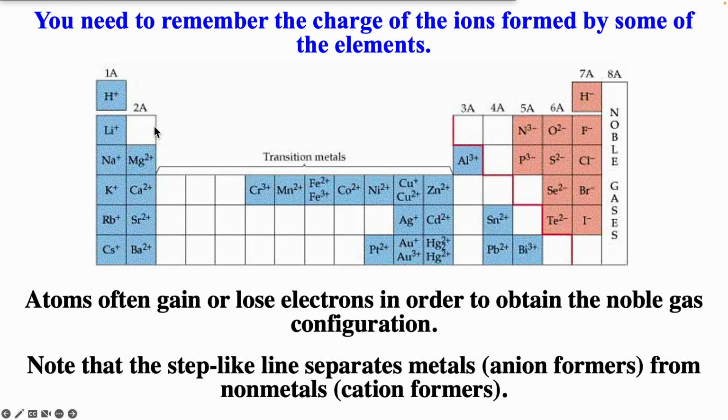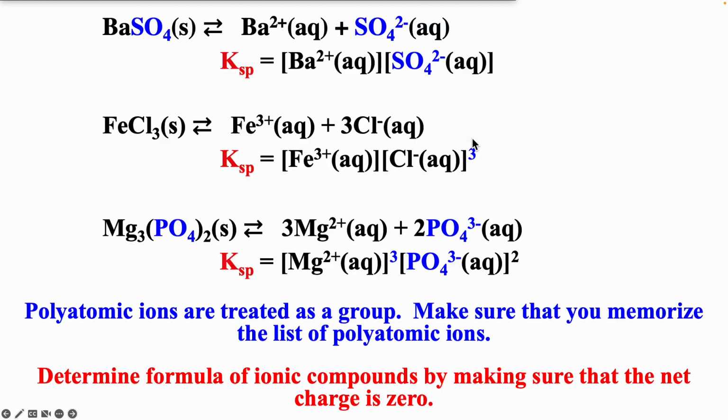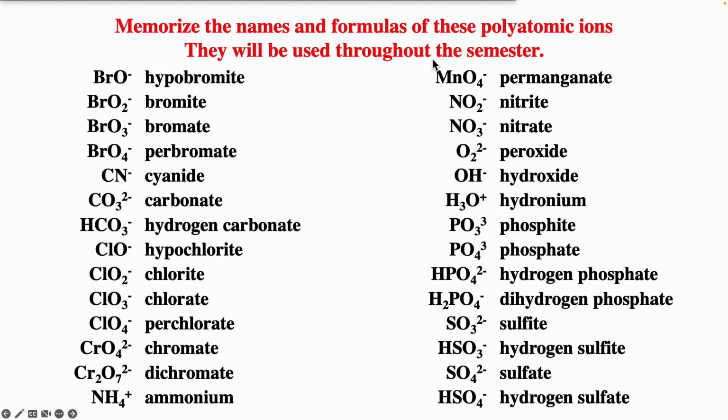You should remember the common charges of the common ions: the alkali metals are +1, alkaline earths +2, halogens -1, chalcogens -2, aluminum is a +3. Again, that will help us determine the formula for ionic compounds. You should also remember your list of polyatomic ions. We'll use this throughout the semester. You need to know the formula as well as the charge.